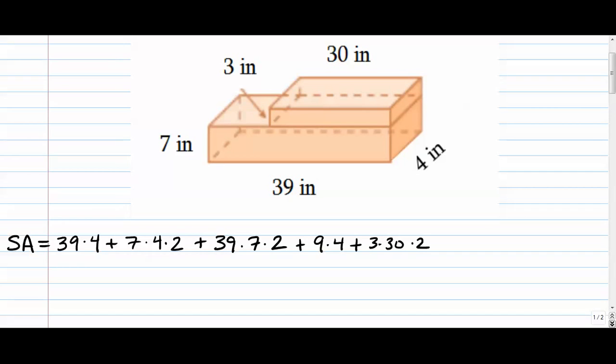Okay, moving right along, let's go to this side section. There are 2 of those as well. So I'll find the area of one and multiply it by 2. This is 3 inches, and this is 4 inches. 3 times 4, and there are 2 of them, so multiply it by 2.